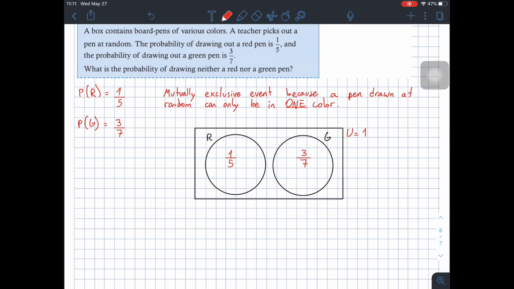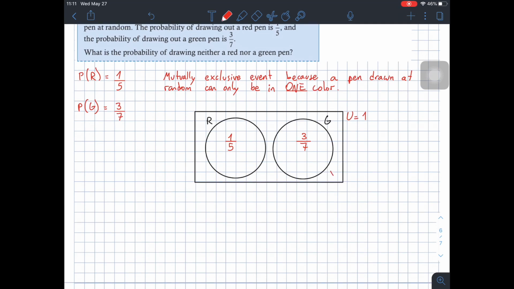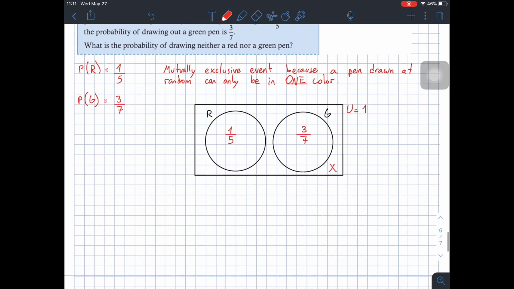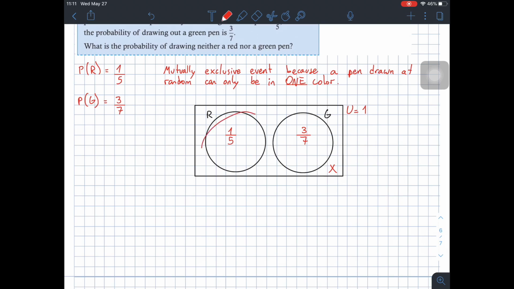The probability that we get outside of both circles would be the probability of drawing a pen which is neither red nor green, right? So I'm going to write this as x for now, and I know that the addition of all of the different probabilities should always be 1. So 1/5 plus 3/7 plus x should always be equal to 1, right?